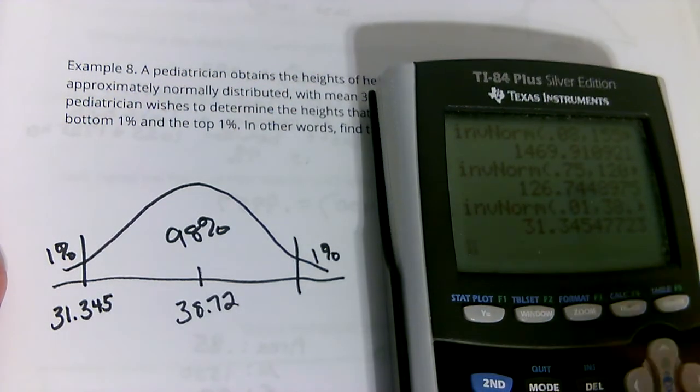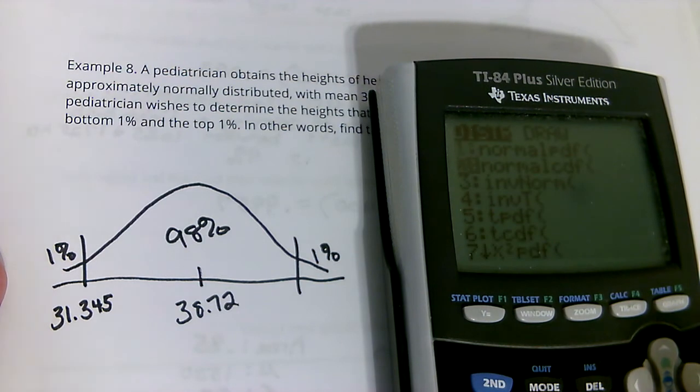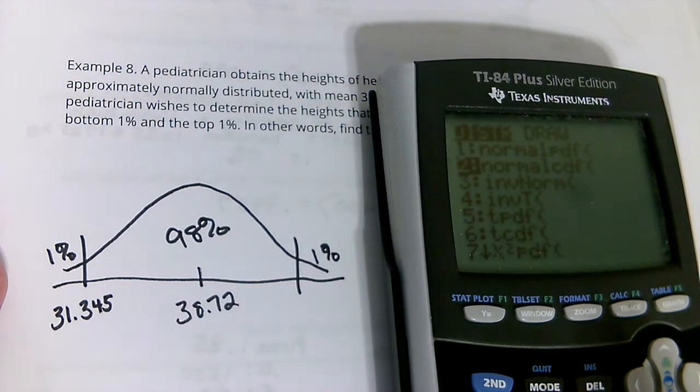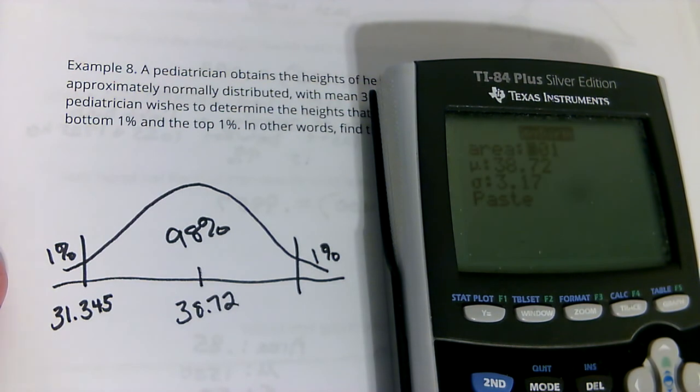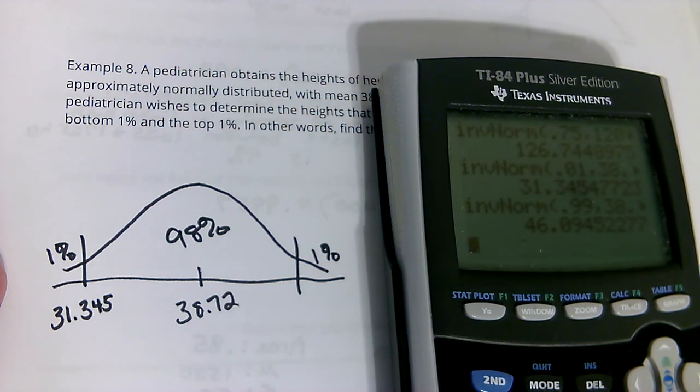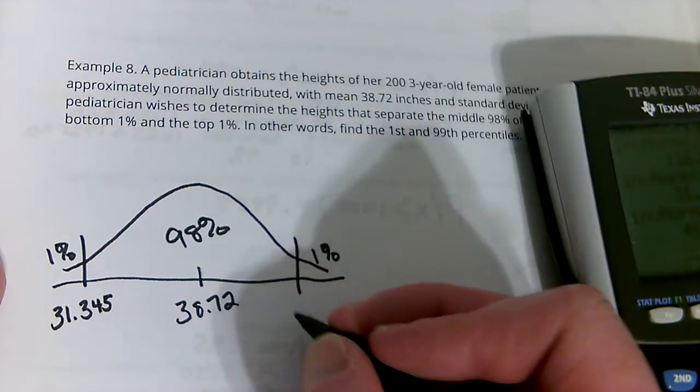And the upper boundary, what would we put in for the area for that? How much is below that marker if 1% is above it? Well, that would be 0.99. And that is 46.095.